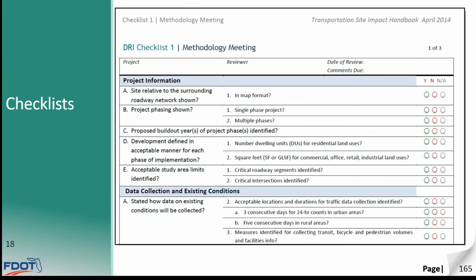The other feature, which is really popular in the last one, was checklists that really help in the review and making sure, if you're doing the actual analysis, whether you have caught everything that's applicable to the study that you're doing.